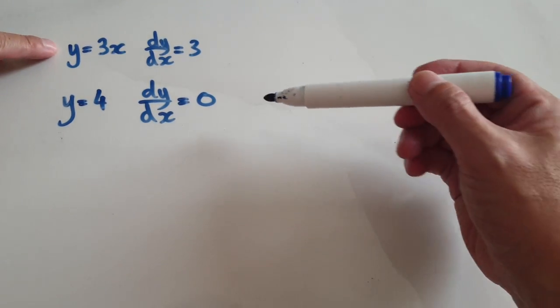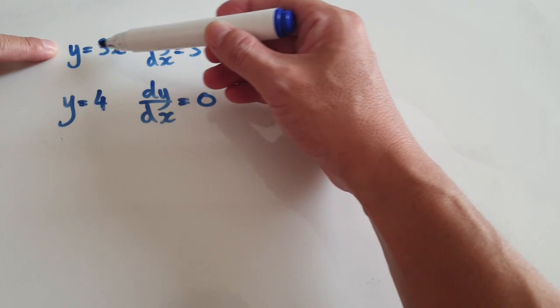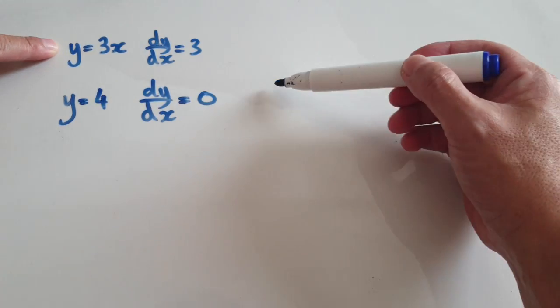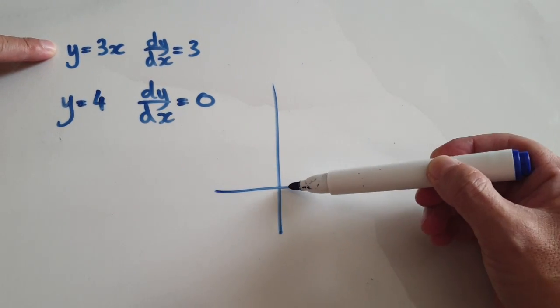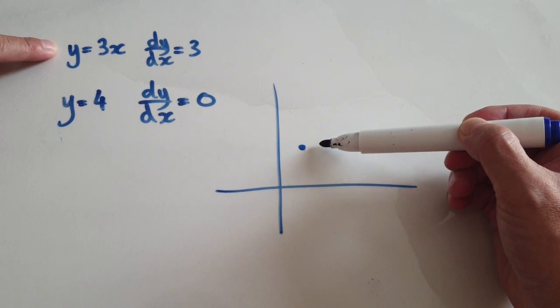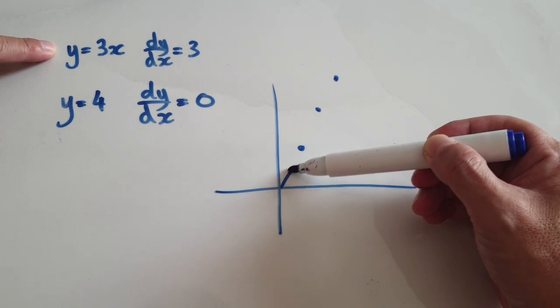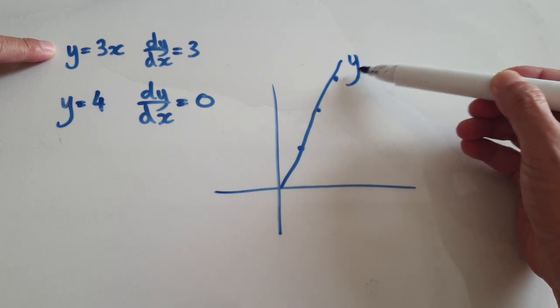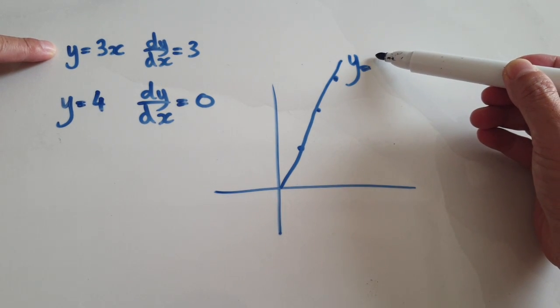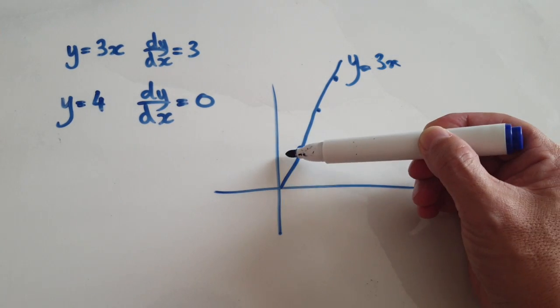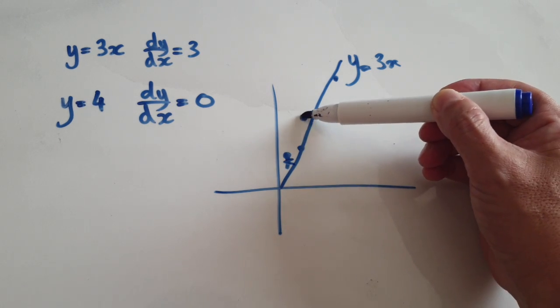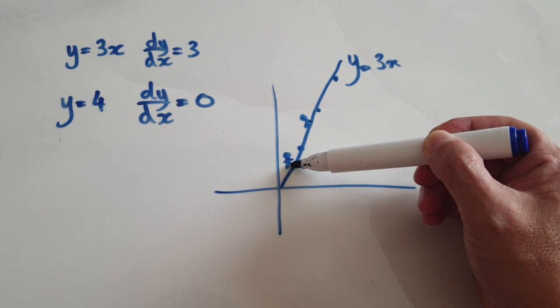So let's try and understand this graph. If I were to ask you to draw y equals 3x, you would draw a graph looking like this: 1 across, 3 up, 1 across, 3 up, 1 across, 3 up. So it will look like this: y equals 3x. You see, if you were standing here or anywhere along this line, what is the gradient if you were standing here?